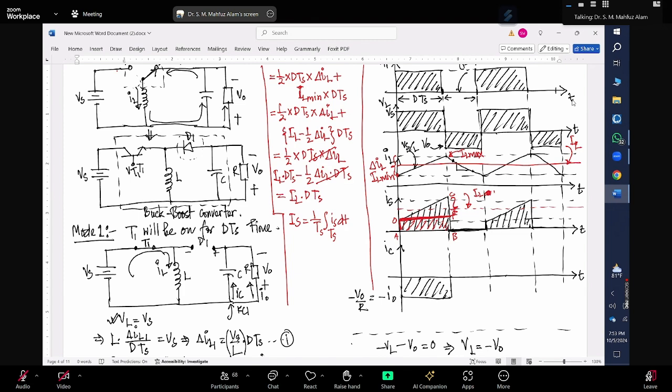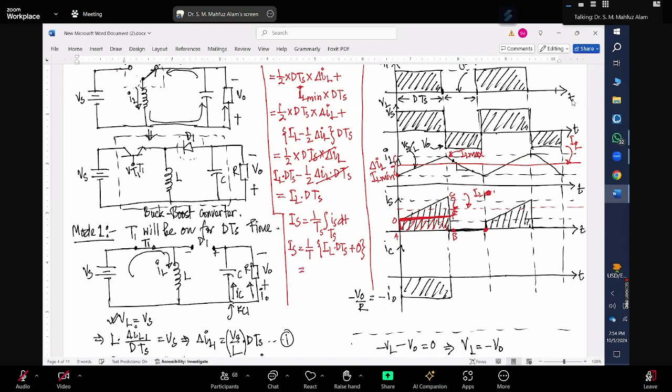So this is the integration. This area that I get is what? 1 over T, then the area 0 A B C is IL multiplied by D into TS. And the area from here to here is 0, right?